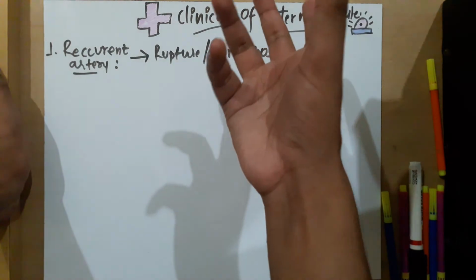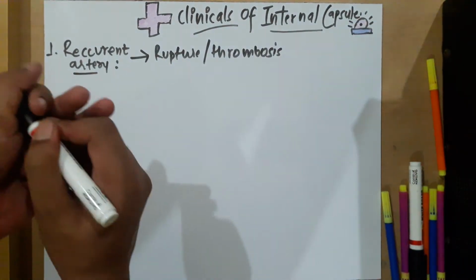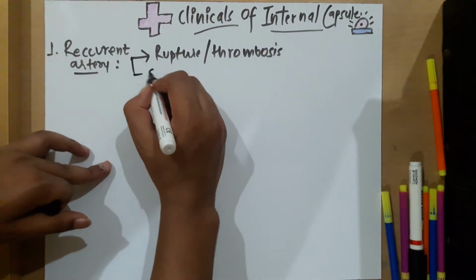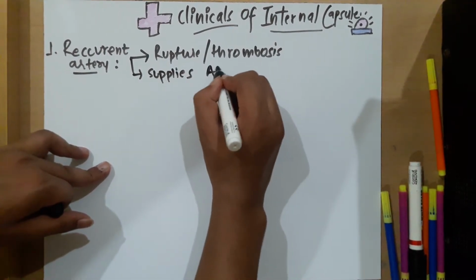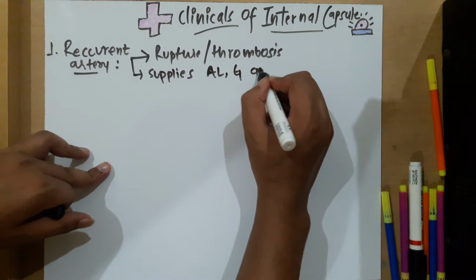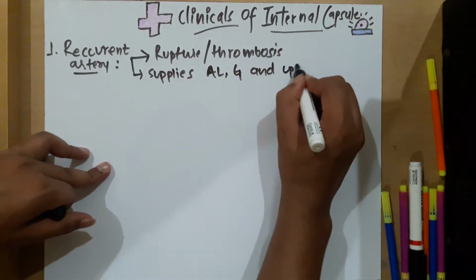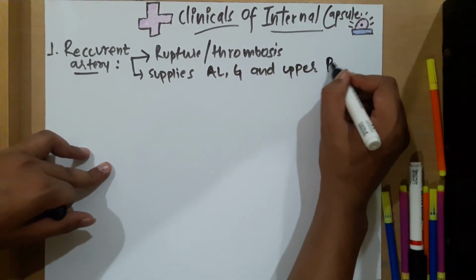So what are the major fibers present here? Let's write: supplies anterior limb, genu, and upper posterior limb.